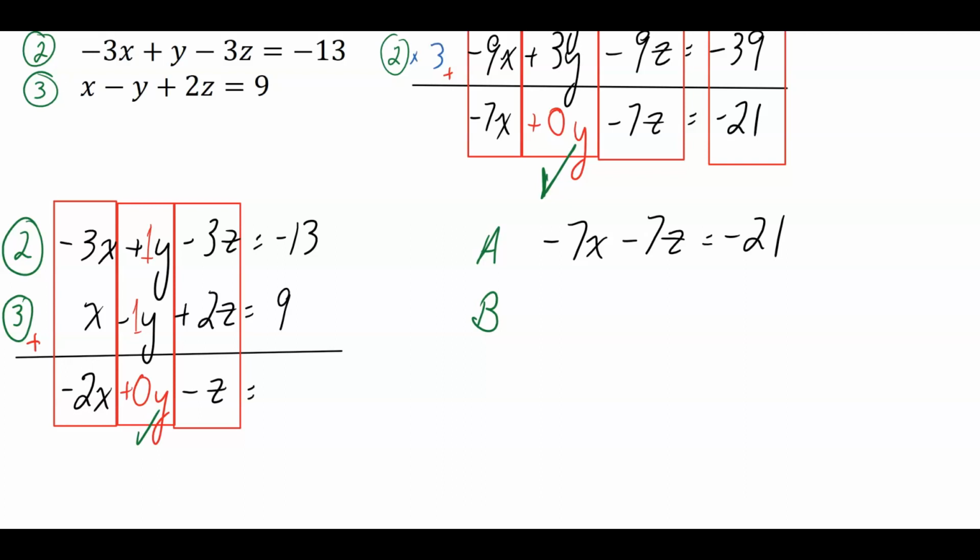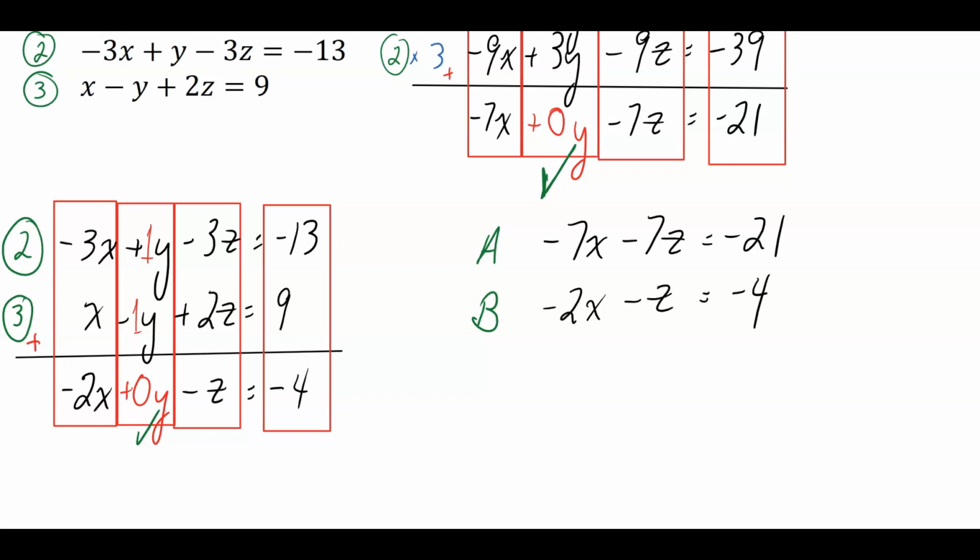And we'll do the constant. Negative 13 plus 9, which is negative 4. All right, that's our second linear equation with 2 unknowns. Let's put it over here. We're calling it B: negative 2x subtract z equals negative 4.